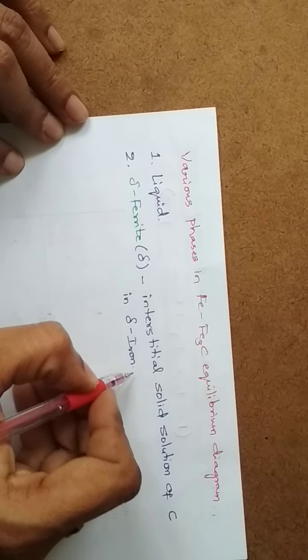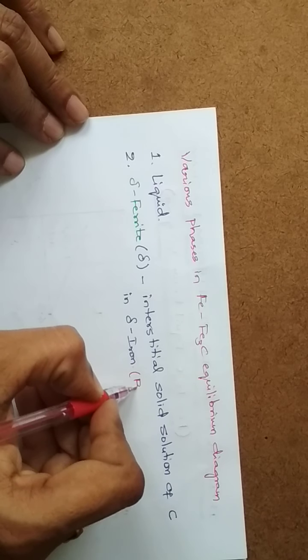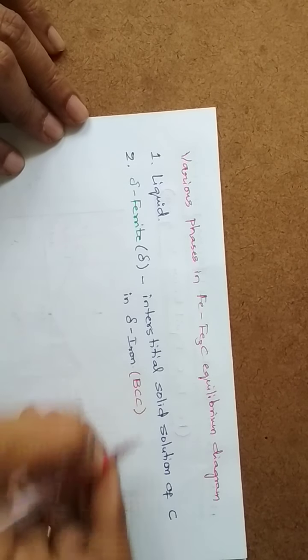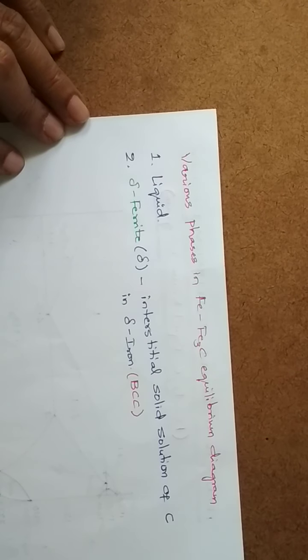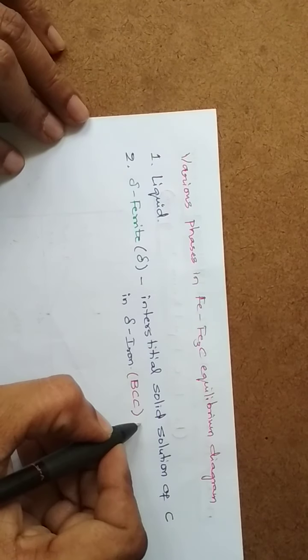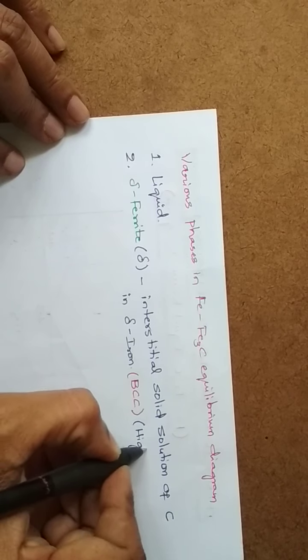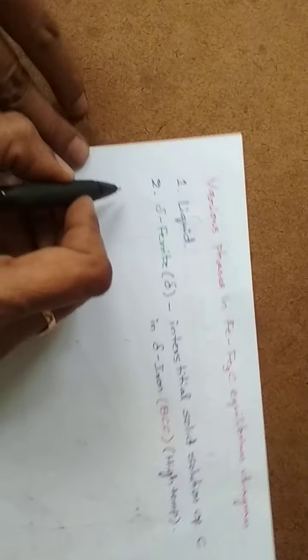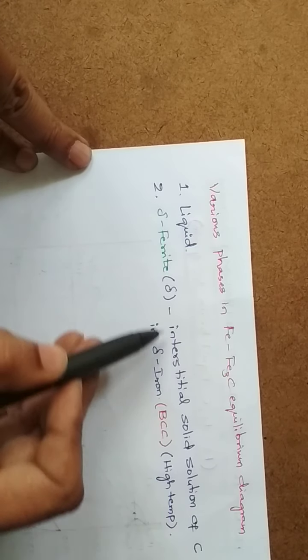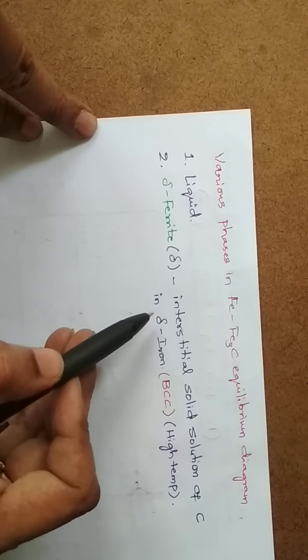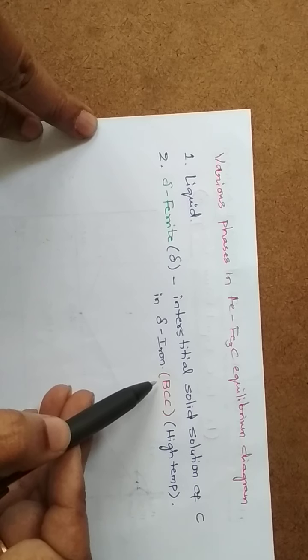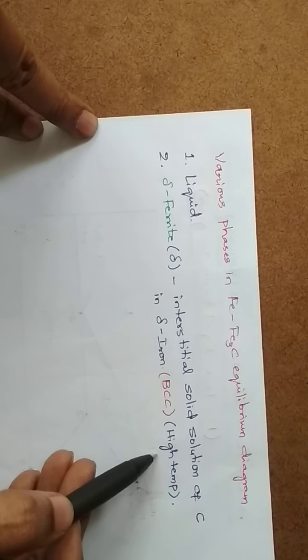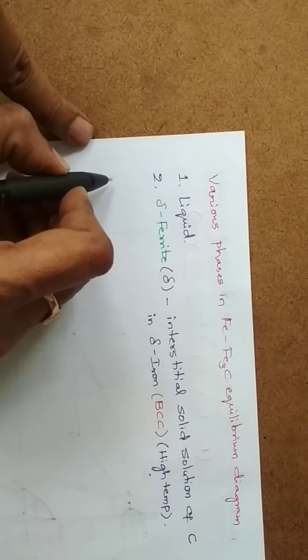So the crystal structure of delta iron is body centered cubic. Okay, and this form of iron exists only at high temperature. So delta iron is an interstitial solid solution of carbon in iron, and its crystal structure is body centered cubic, and delta iron exists only at high temperatures.